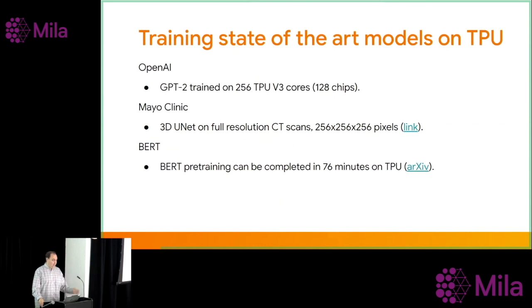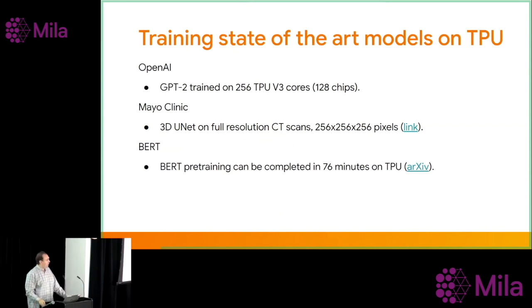Another example, more recently announced, was some work we did with the Mayo Clinic. The Mayo Clinic is pretty interested in models where you have these giant 3-dimensional images from CT scans. Giant seems small, like 256 by 256 by 256 doesn't seem that high resolution, but for them, that's pretty huge.